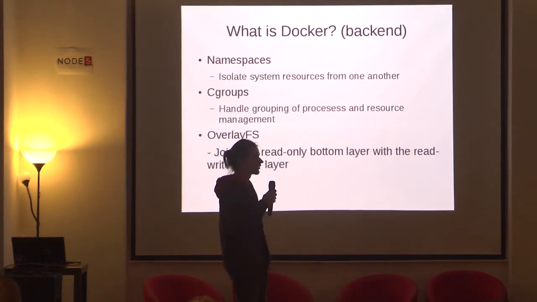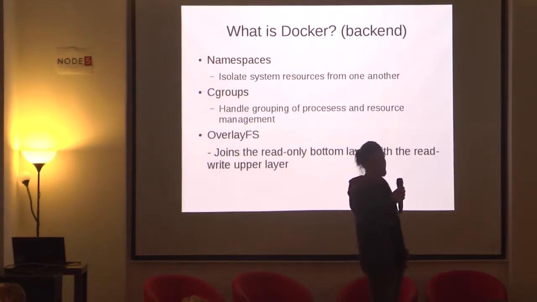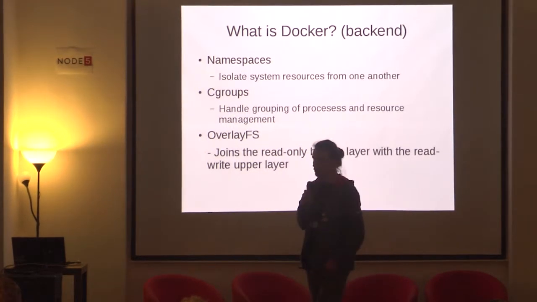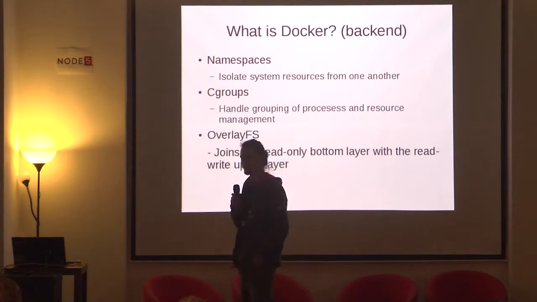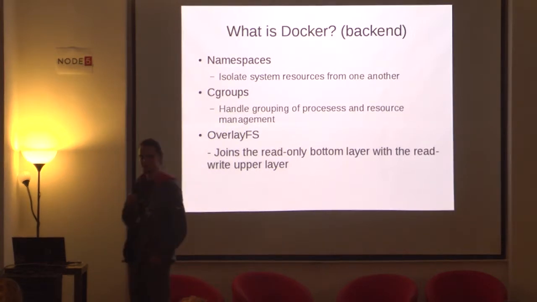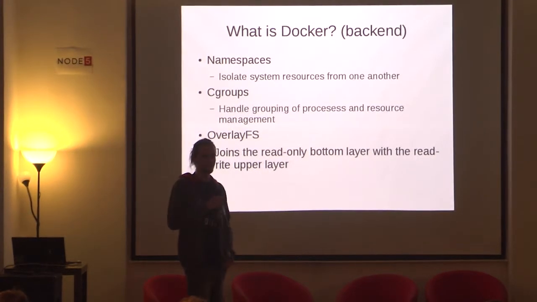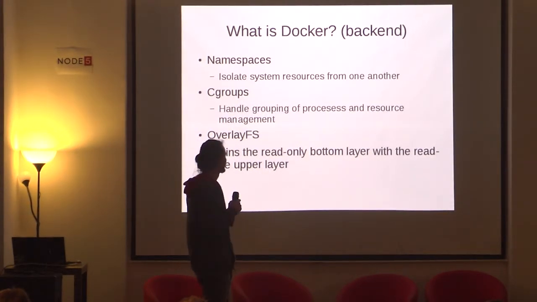C groups allow you to solve the performance issues that might arise, for example, if some container is too hungry, consuming too much CPU or too much memory. Well, that can be handled by C groups. C groups can also freeze the process in time, so you can take a snapshot if you are not using a file system that has snapshotting built in.